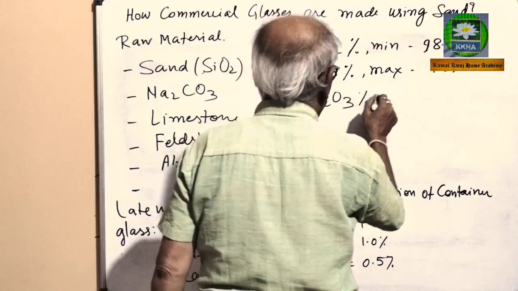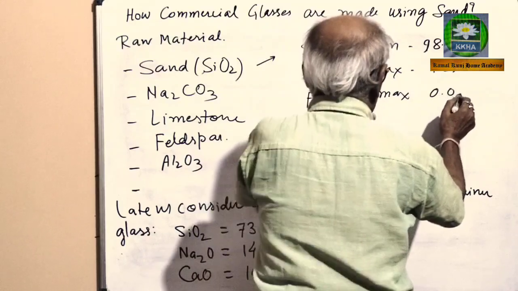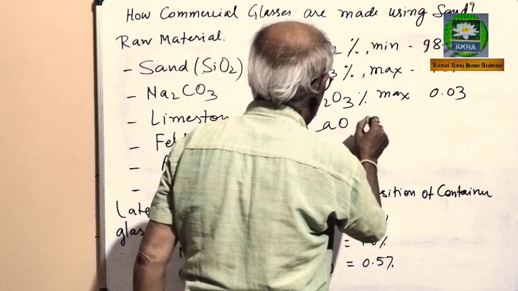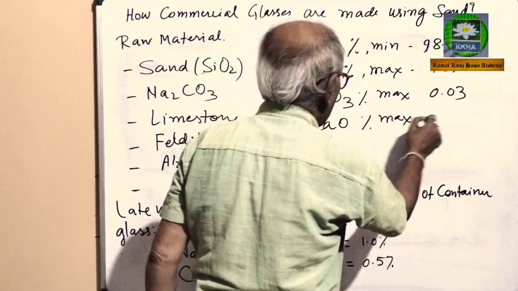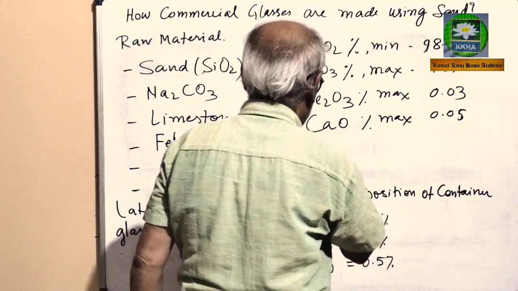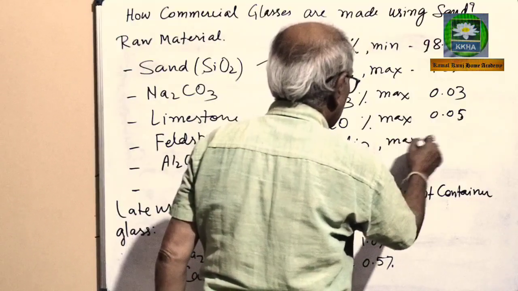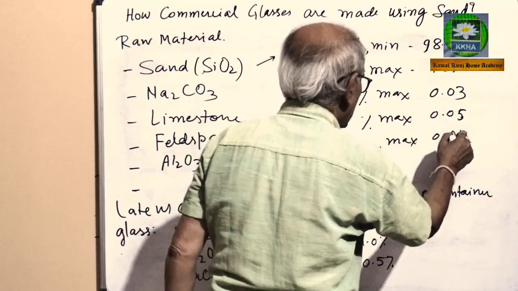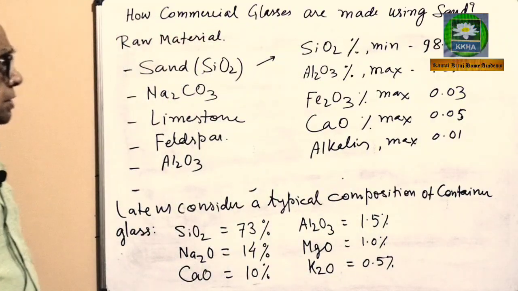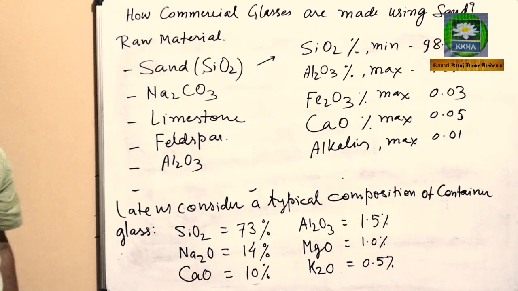Iron oxide maximum 0.5%, and alkalis maximum 0.01%. The sand should be as pure as possible. Minimum 98% should be silica. Impurity should be as minimum as possible.